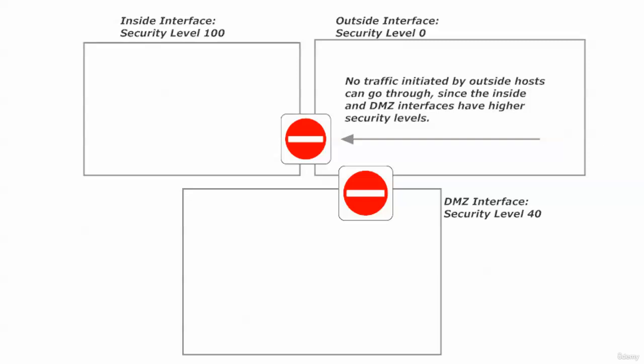But we can't just slam the door and lock it and not let anybody through, because what devices do we typically have in our DMZ? We got e-commerce servers, email servers, web servers, FTP servers, all kinds of things that sure, the hosts behind the inside interface will be communicating with, but we probably have some outside hosts that need to get to our e-commerce servers.